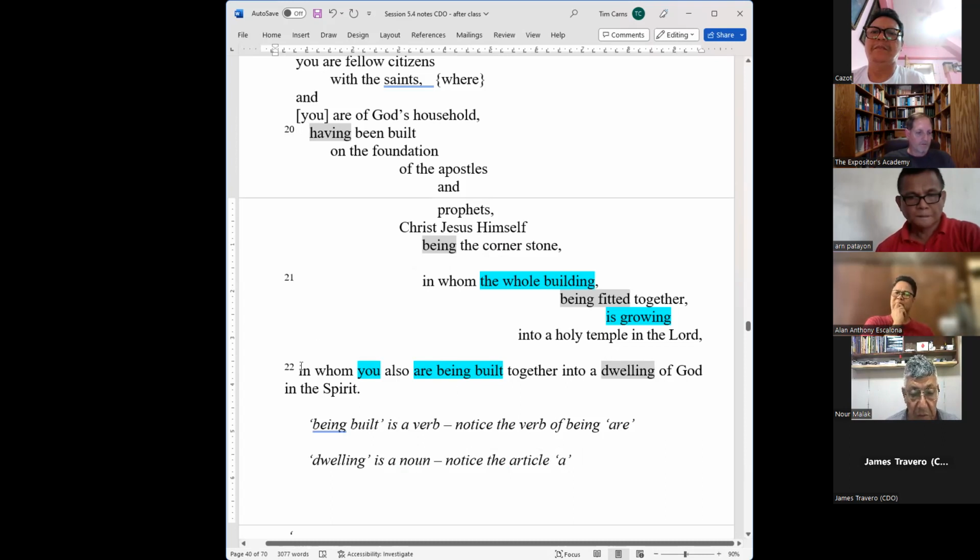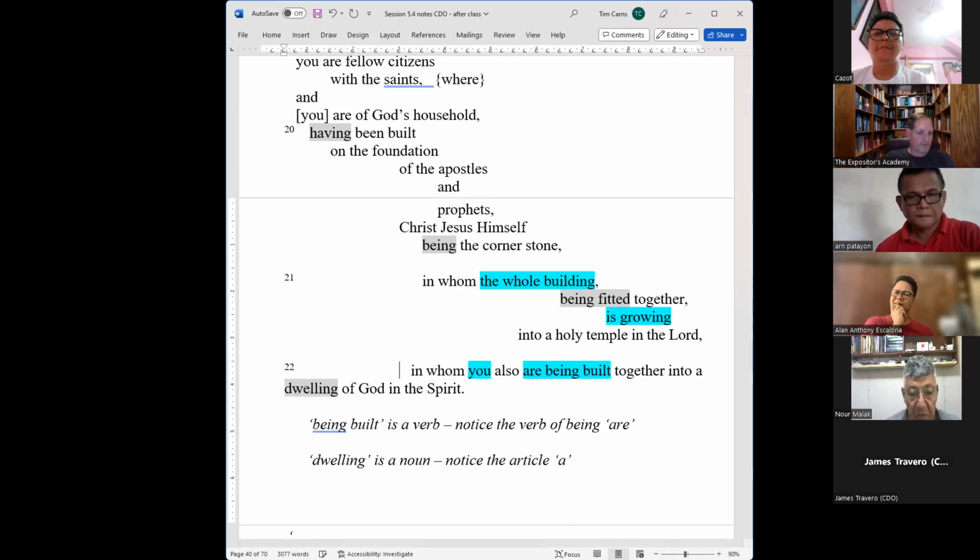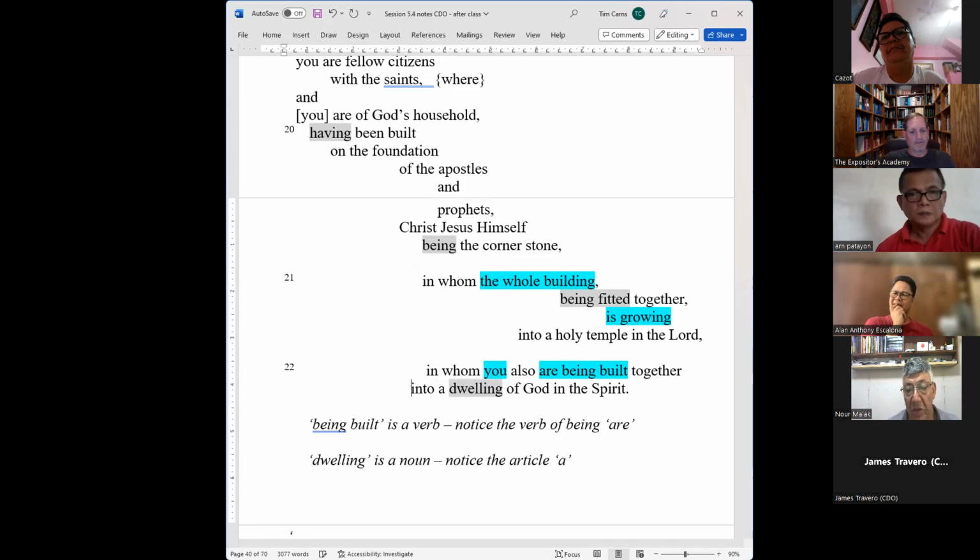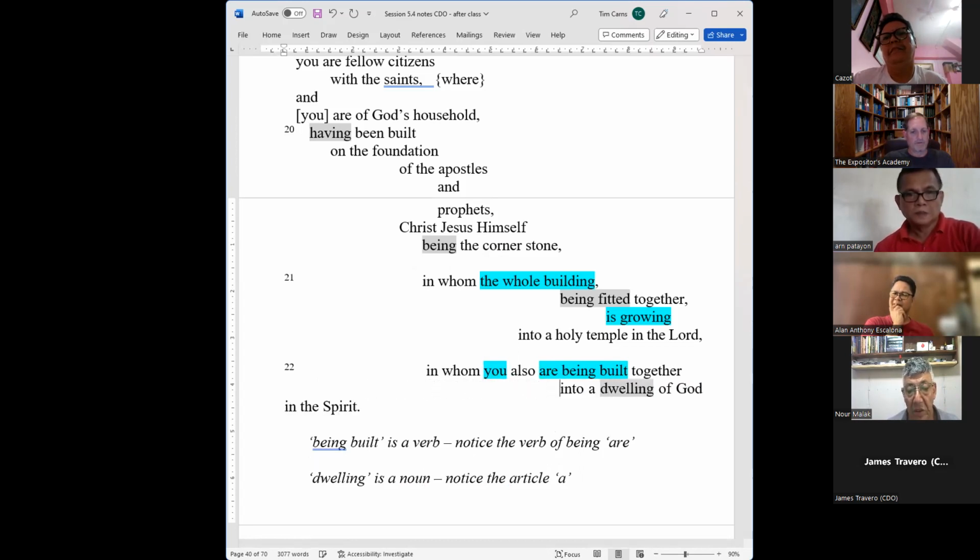So this is what it would look like. This is in whom modifying Christ again. You also are being built together. And then into modifies into a dwelling of God.